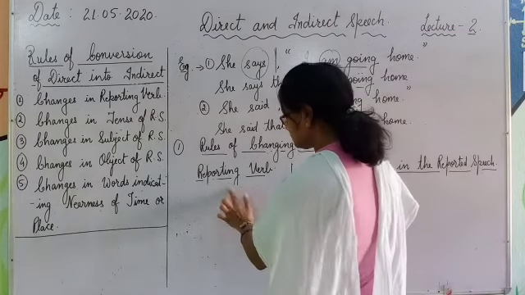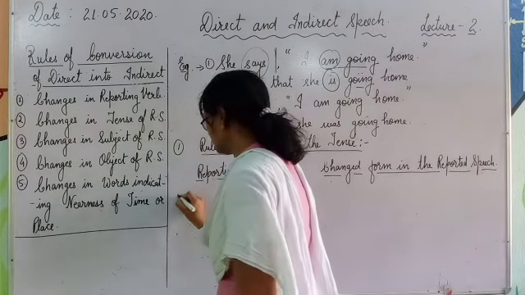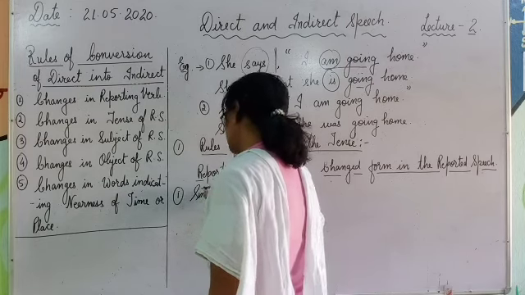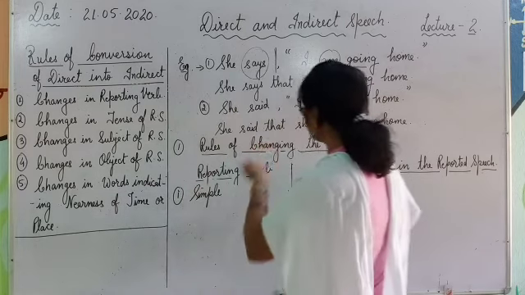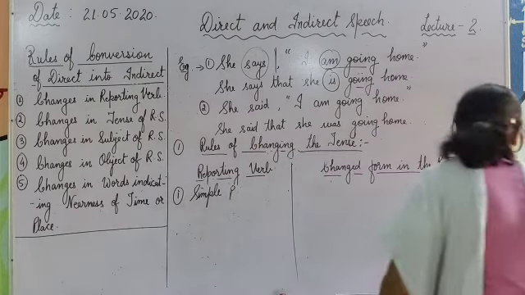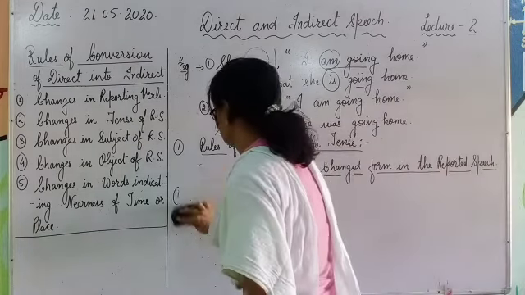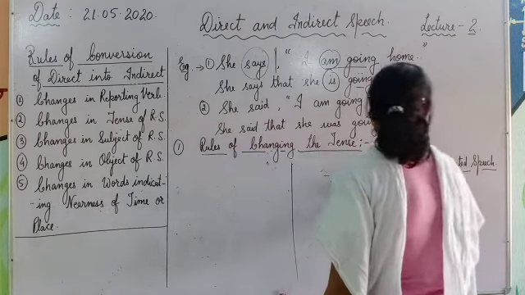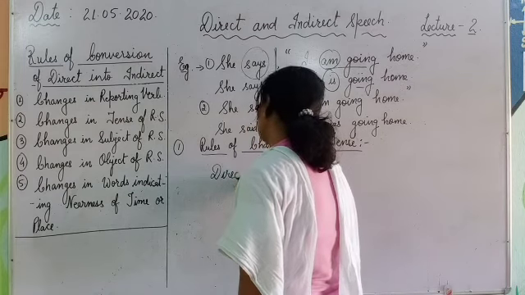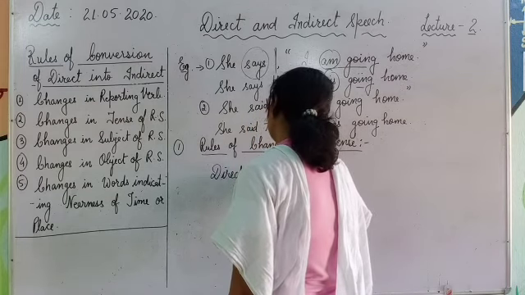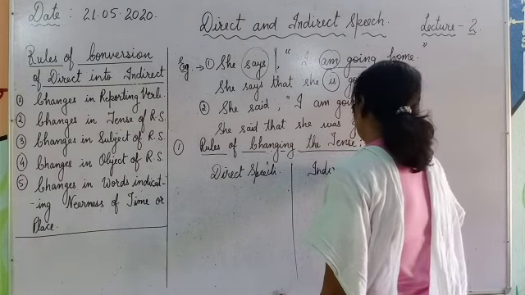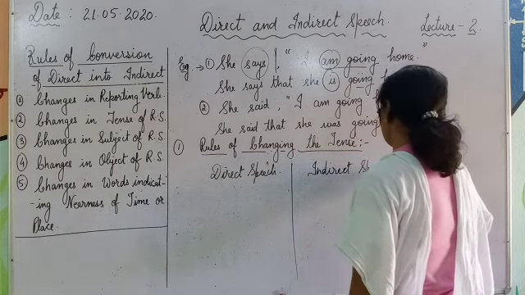In the reporting verb, if there is a simple present tense in the direct speech, in the reported speech, let me change this heading. Here direct speech. Here indirect speech or narration.